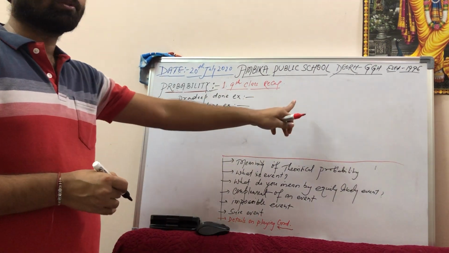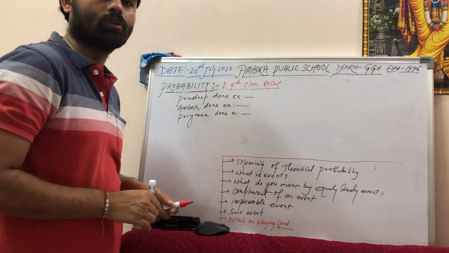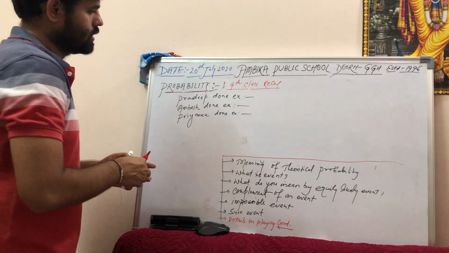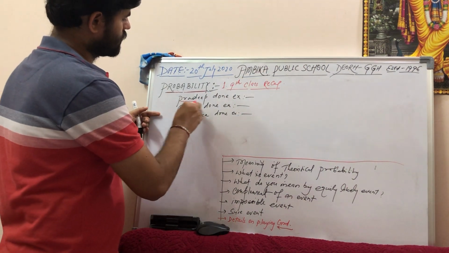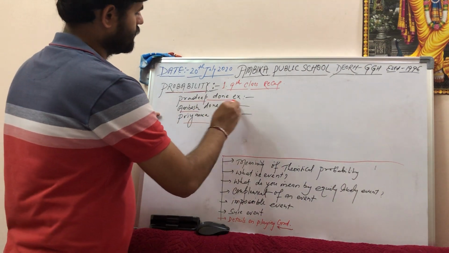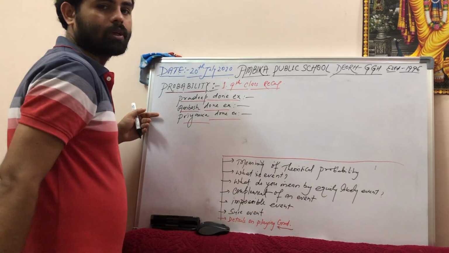Previously you have seen that some person has done the experiment 1000 times and you are able to find the probability. But now I have taken three persons: Pradeep, Ambesh, Priyanka. Again they are going to do some experiment.